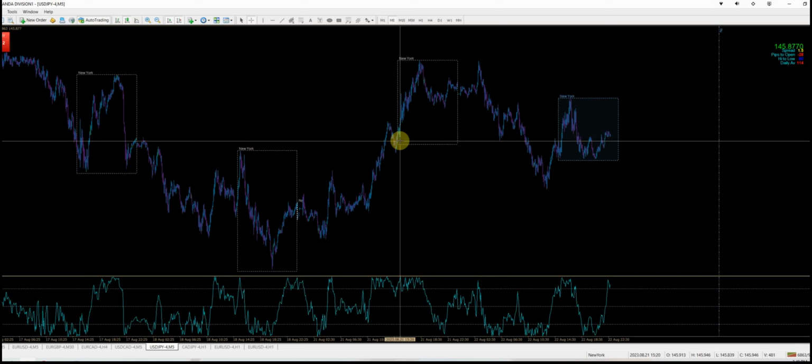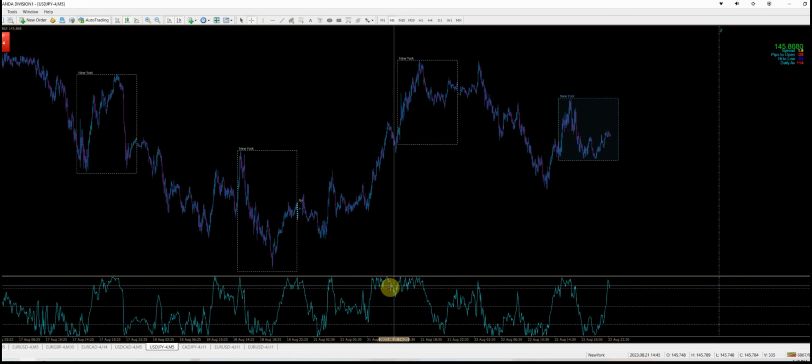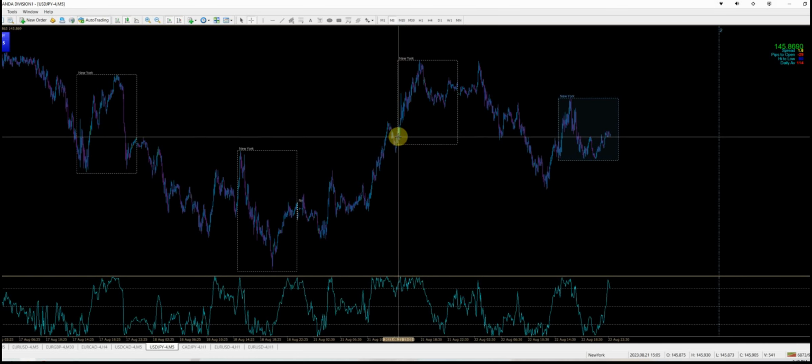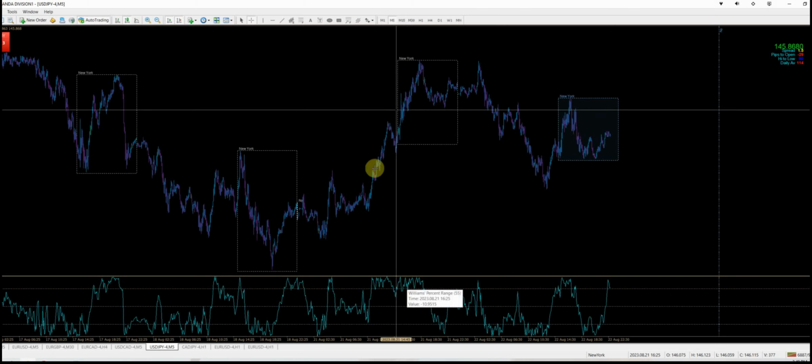Okay, now here's an interesting one. Here's the New York Open right here. You can see price is trading in the overbought area, but the price is down here. So you basically would have no trade right here because you don't get a sell signal. You really don't get a good sell signal here.